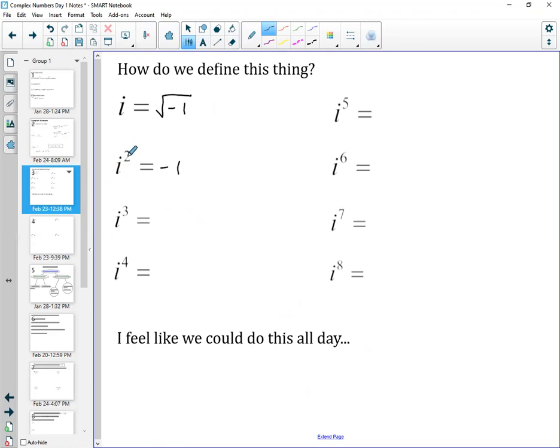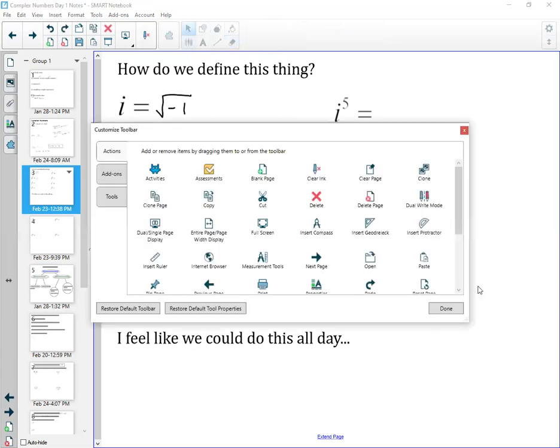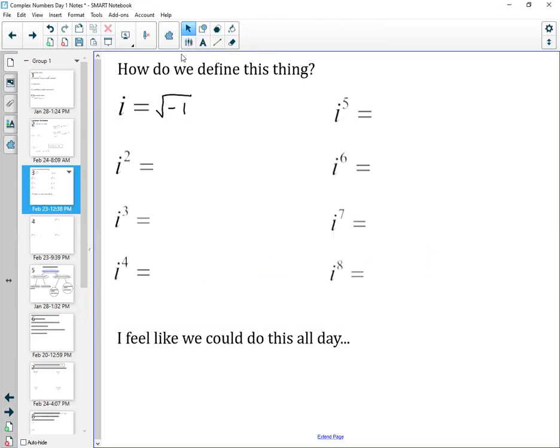So i squared is i times i, right? That equals negative 1. i cubed, though, is i times i times i. I know that i times i is negative 1. Negative 1 times anything is just negative that thing, so this equals negative i.